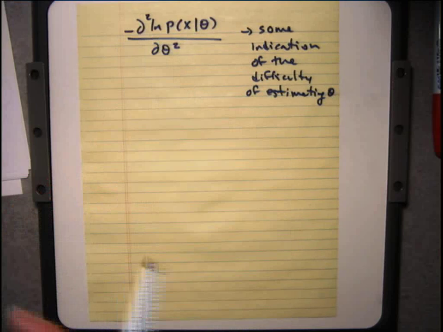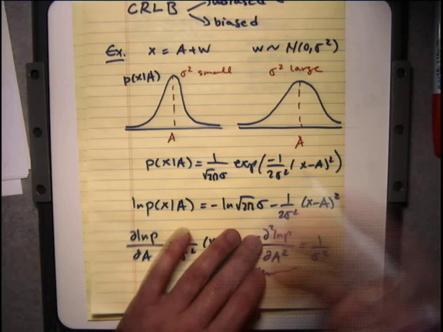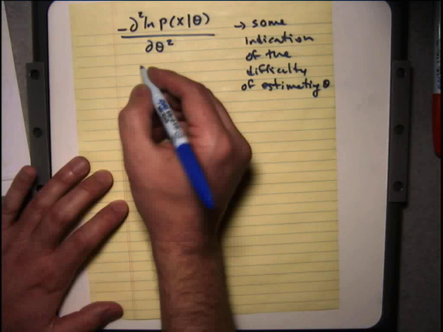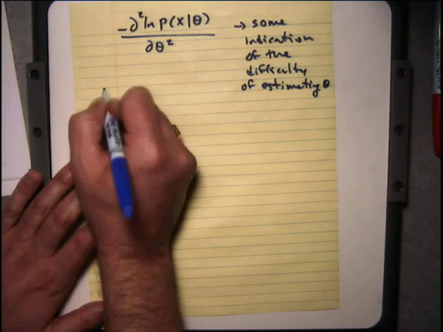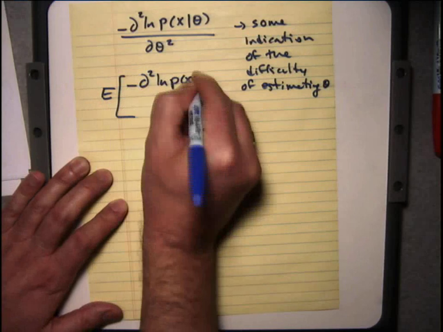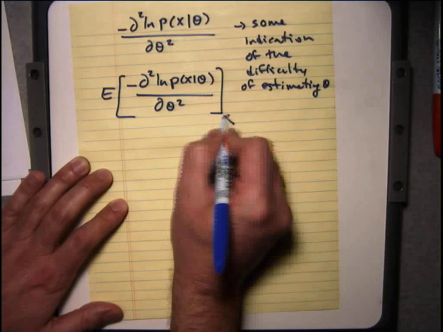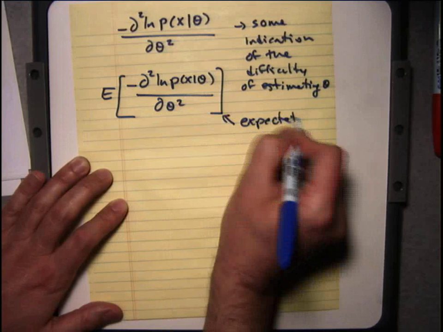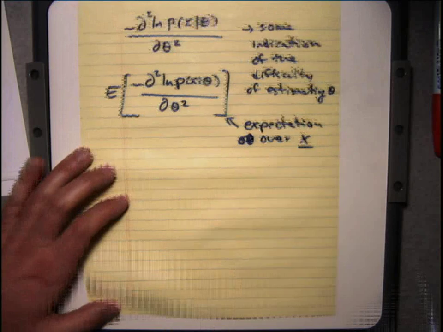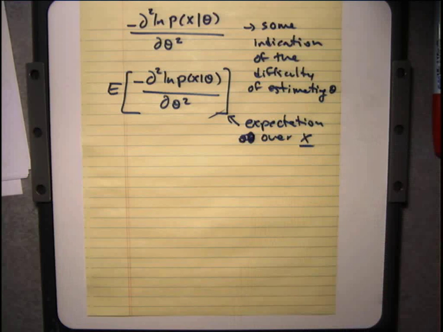You want to measure somehow the average curvature around this peak in a way that doesn't depend on the specific data point that you got each time. And so the natural thing to do is you take the expected value of this quantity, minus the second derivative of log p(x given theta). And this is expectation over x. Okay? So this quantity here no longer will depend on the specific data point that you've measured.